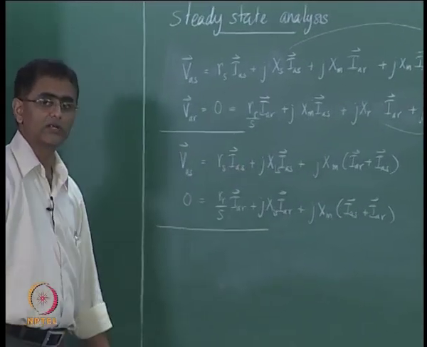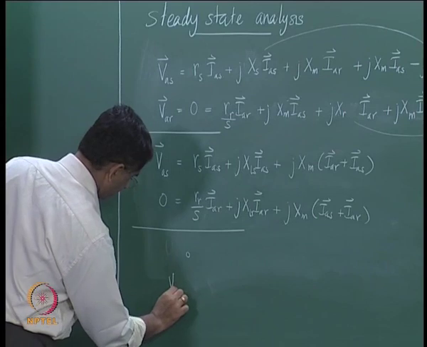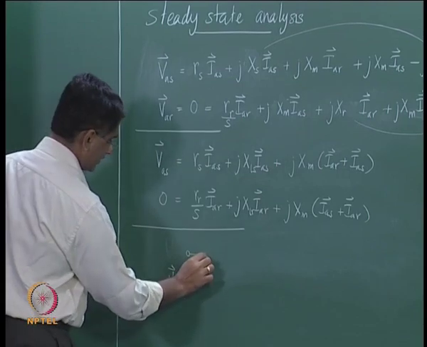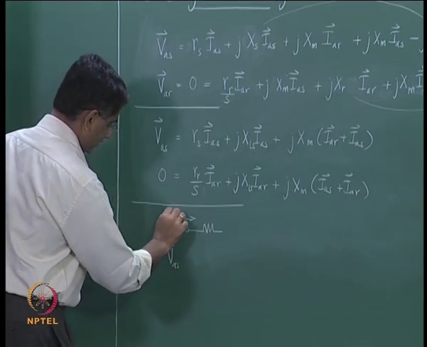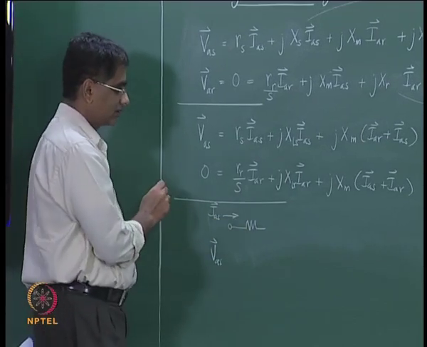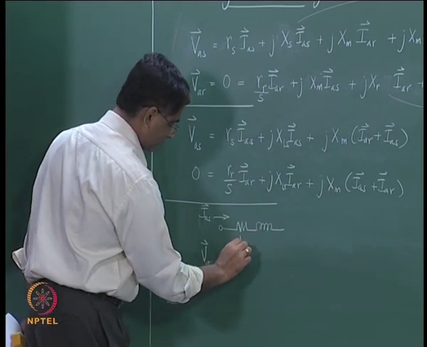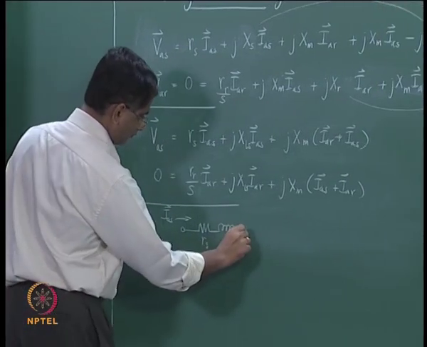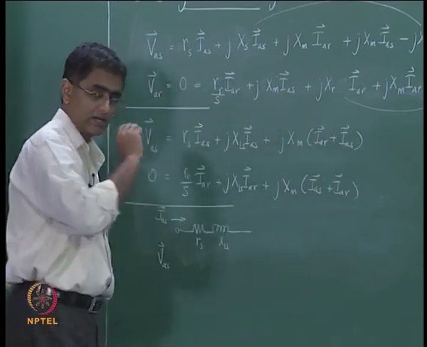and this can be represented as a simple equivalent circuit in this manner. So, let us say you are applying VAS here, that VAS is consumed as a stator resistance term, the current flowing in is IAS. So, that is consumed as a stator resistance term, and then you have a leakage inductance, this is RS, XLS, and then you have an XM through which both IAS and IAR are going to flow.